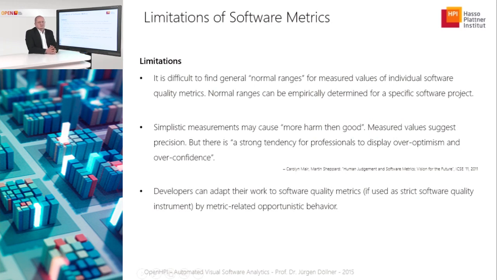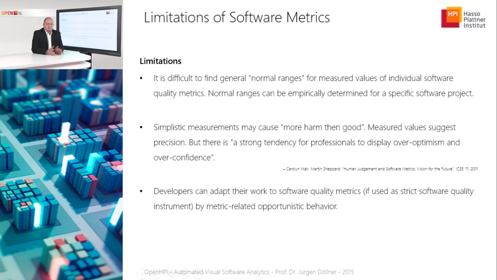Of course, software metrics are inherently limited. One limitation is that it's difficult to find general normal ranges for measured values of individual software quality metrics. Normal ranges, of course, can be empirically determined for specific software projects, sometimes through rules of thumb.